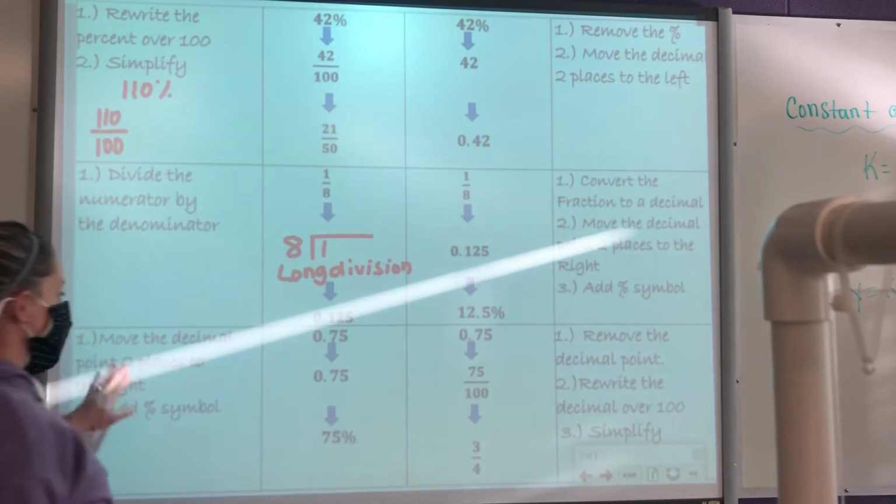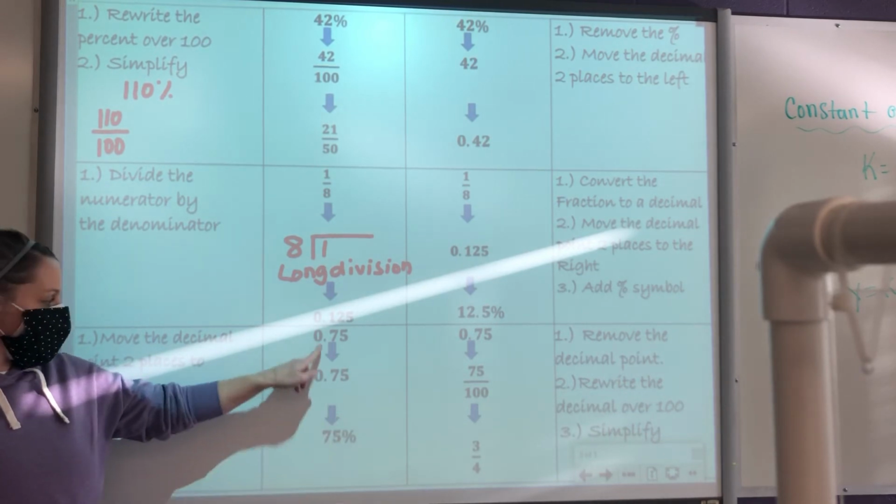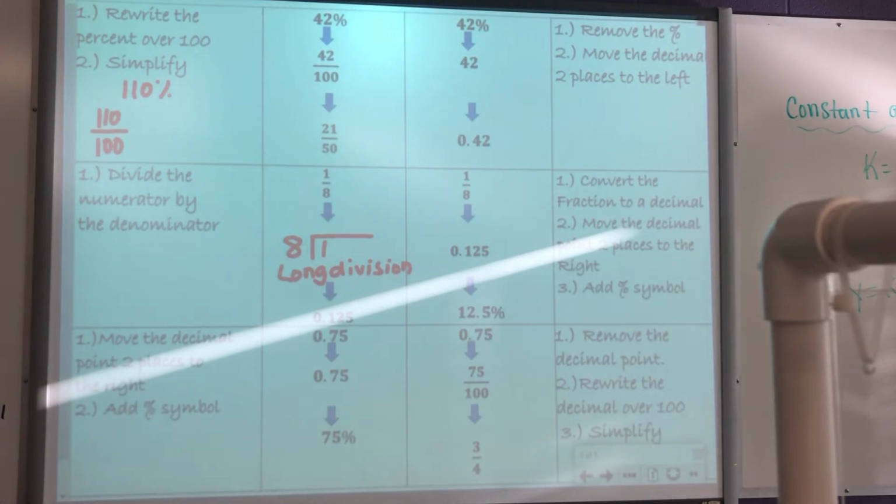Okay. The next one here is where we're converting a decimal to a percent. Okay, so that's our last value. So, move the decimal point 2 places to the right and then add a percent symbol.